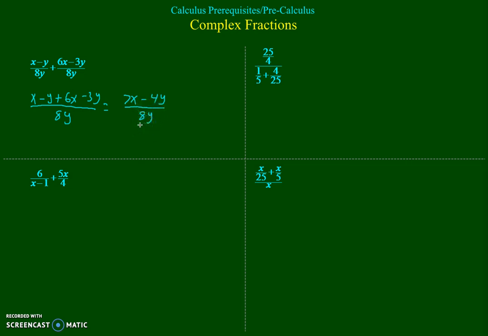Now please don't make the mistake of thinking that because we have a y down here and a y up here that we can separate these out. We cannot do that. Because of this sign in here, you can't cancel the y's. That's an illegal operation. The only way you could do it is to do it over here, and that doesn't work even in this case because we still have a binomial up in the top of this fraction. So you can't cancel out these y's in any case.